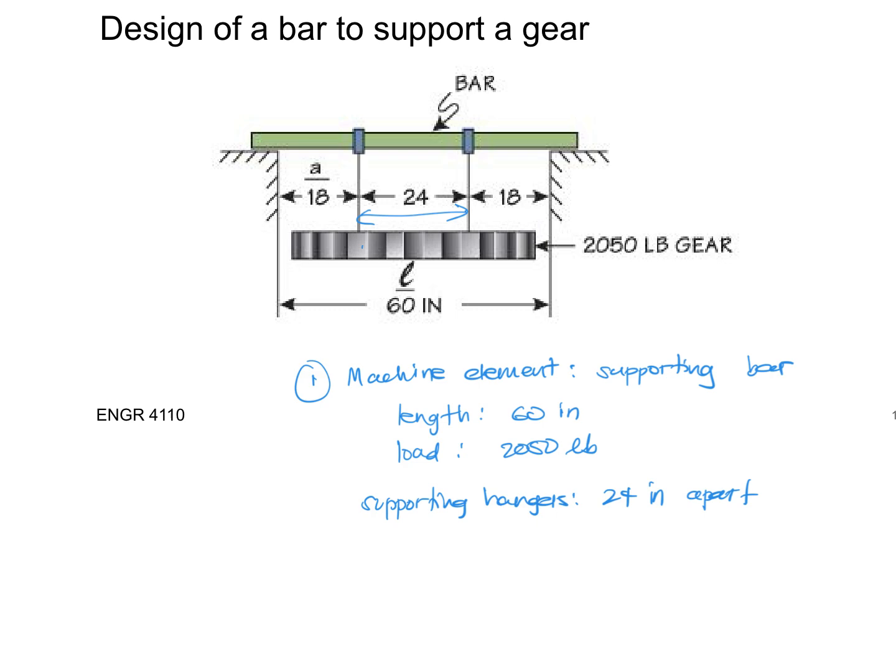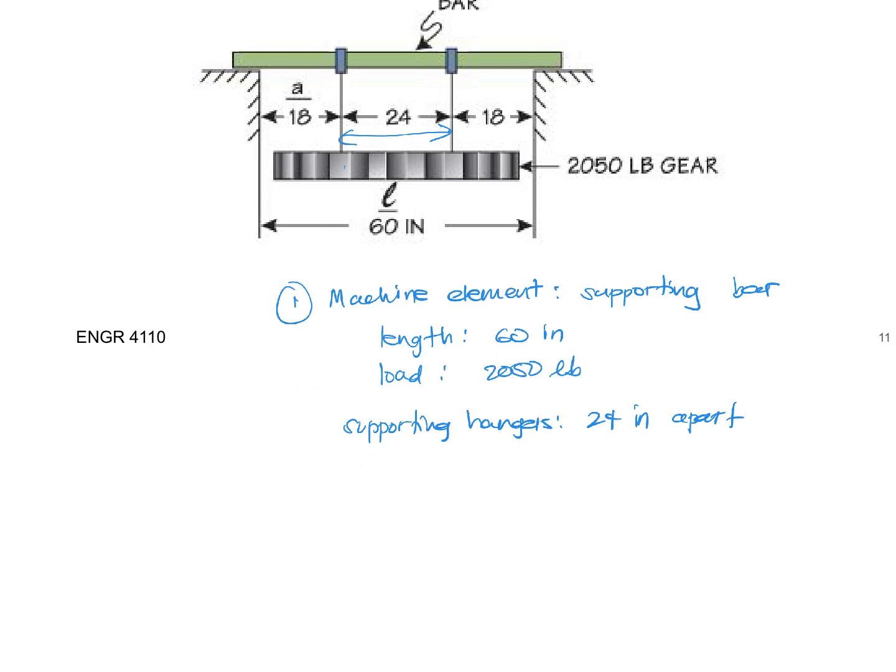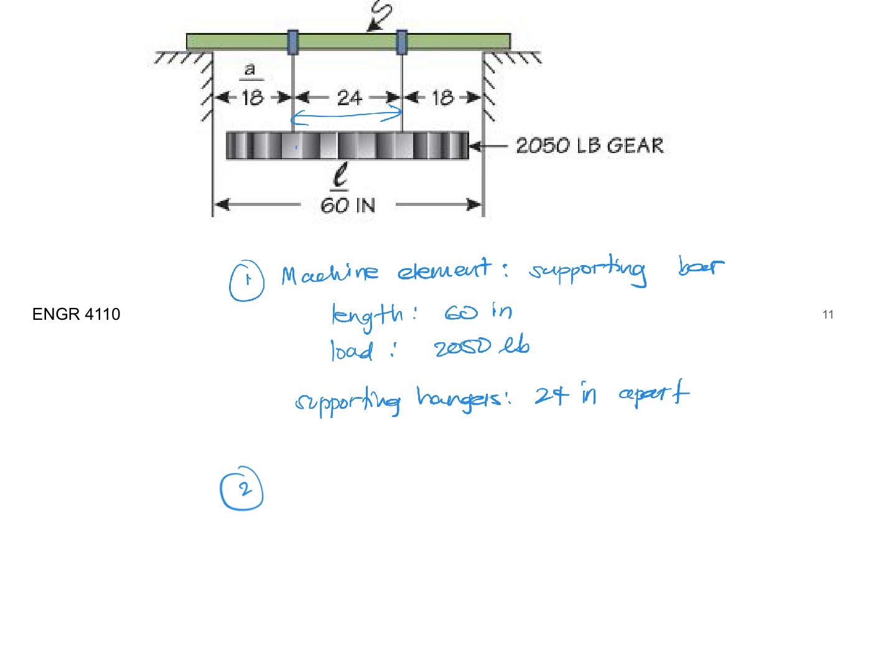Once we have identified the element, if we draw here, we call it the FBD, or the free body diagram. So you have the weight of the bar, and then you have the force.